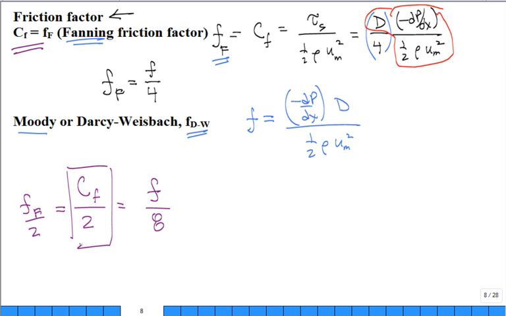Chapter 6, the very end of chapter 6, the introduction to convection. There was an analogy. It was the modified Reynolds analogy. What was on the left side of the equation in the modified Reynolds analogy? C sub f over 2. And so in the modified Reynolds analogy, C sub f over 2 is equal to the Stanton number times the Prandtl number to the 2/3, or you could just put the Nusselt divided by Reynolds, Prandtl to the 1/3.